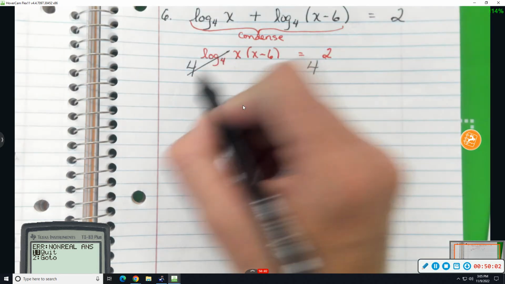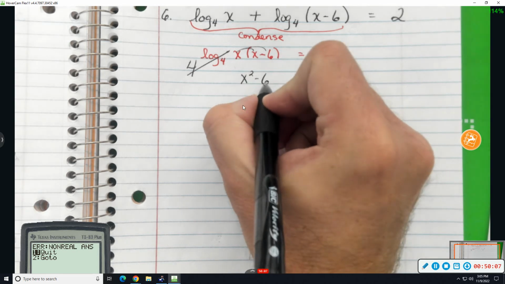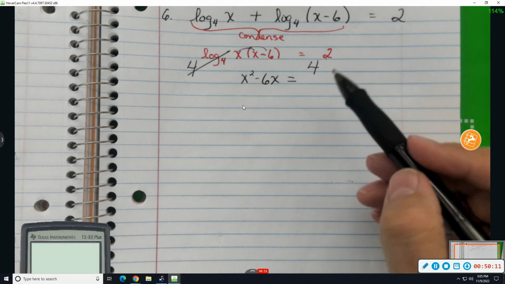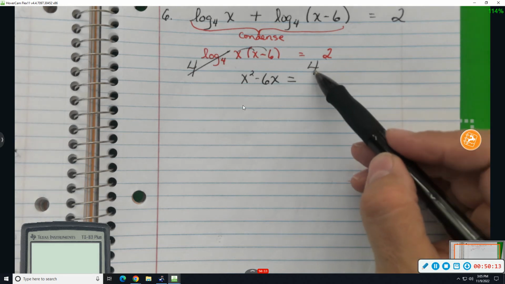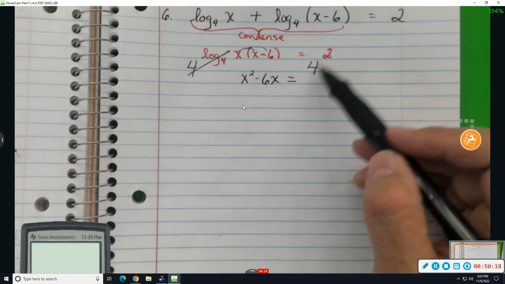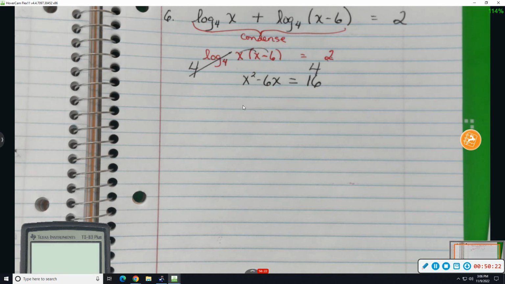And once I cancel that out, I have an x squared minus 6x on the left. On the right, this is a 4 squared, don't say 8, 4 times 4, 4 squared, that would be 16.